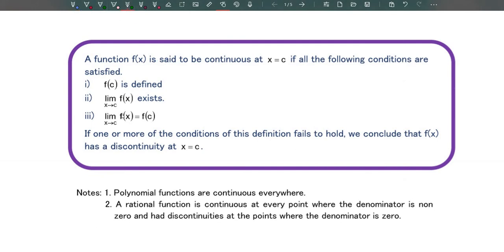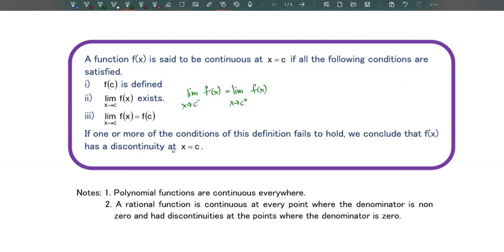The second one is the limit of f(x) as x approaches c exists, which means the limit as x approaches c from the left of f(x) must equal the limit as x approaches c from the right of f(x). And the last one, the limit of f(x) as x approaches c is equal to f(c). That means the value in 1 must equal the value in 2.